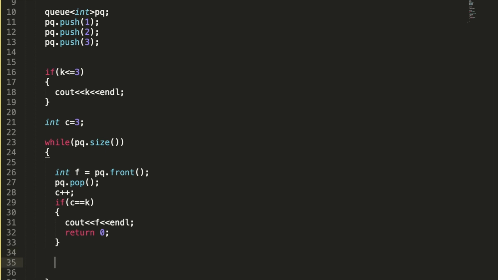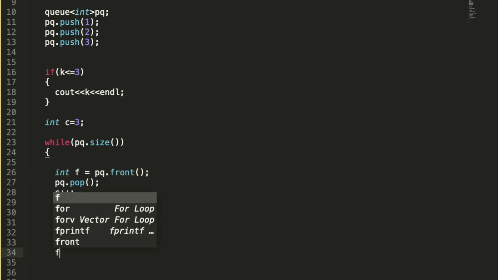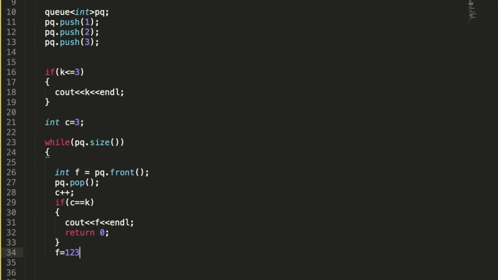Else what I'm going to do, I'm going to push all the three numbers generated with the help of f. Suppose f is equal to 123. The next three numbers produced will be 123 into 10 plus 1, 123 into 10 plus 2, 123 into 10 plus 3. So the numbers generated with the help of 123 will be 1231, 1232, 1233.